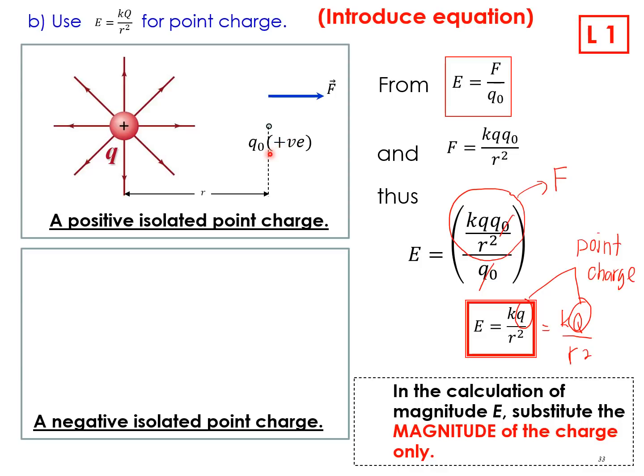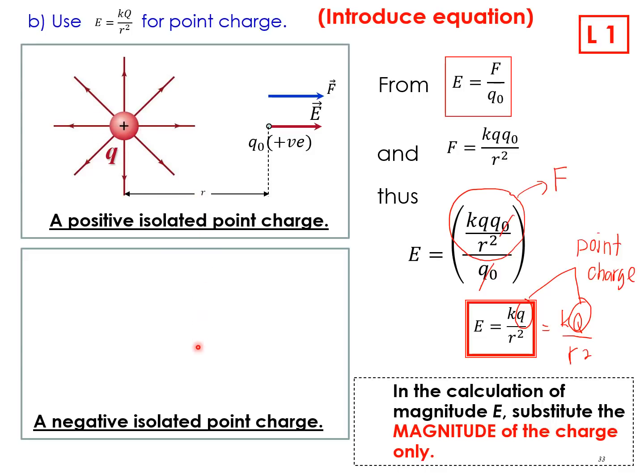So how about the direction of electric field? Remember that the direction of electric field just depends on the point charge. For a positive point charge, the electric field lines are outward, so the direction of E is the same as the electric field of the point charge, which is positive.